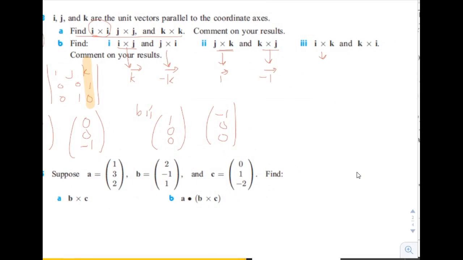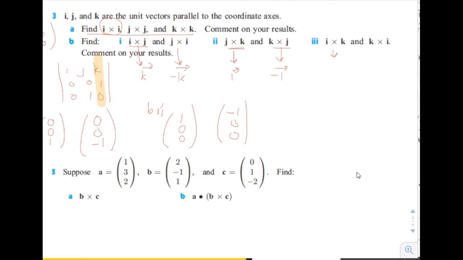What about I cross K? First I'm going to cover up the I column, and the determinant is going to be 0. This would be B3. And then I'm going to cover up the J vector, and the determinant here is 1 times 1 minus 0 times 0.